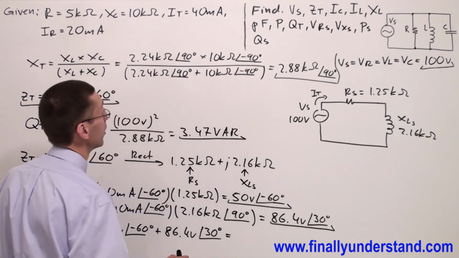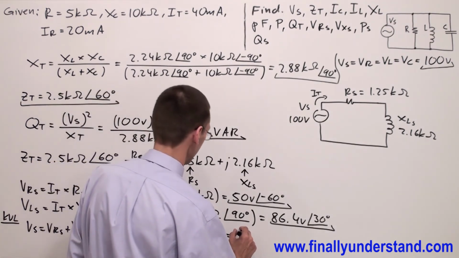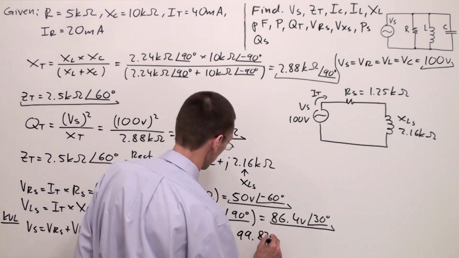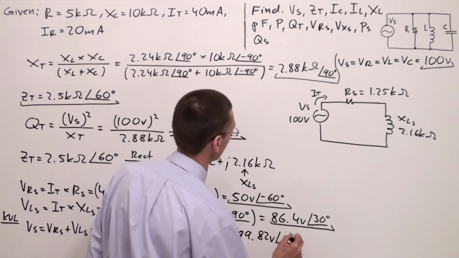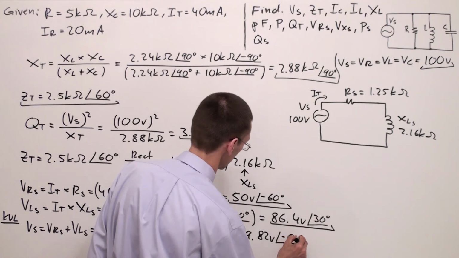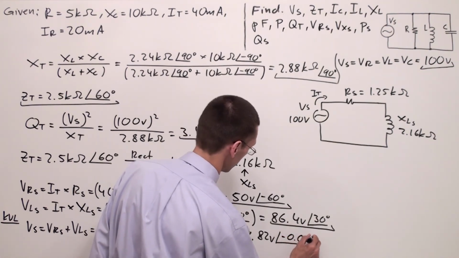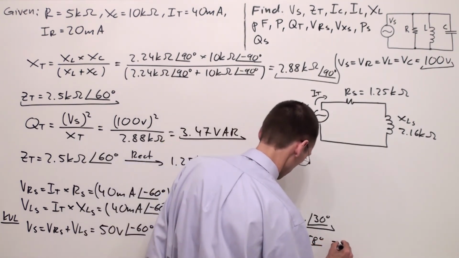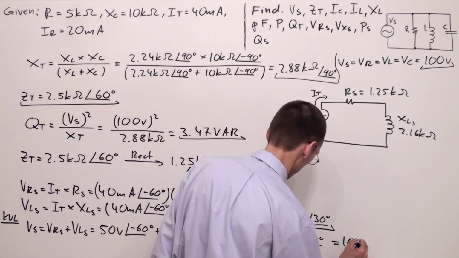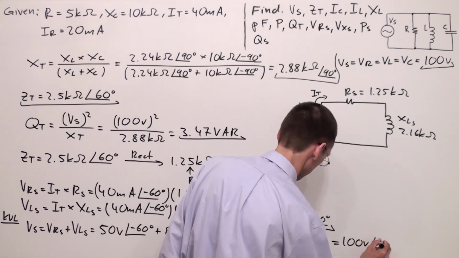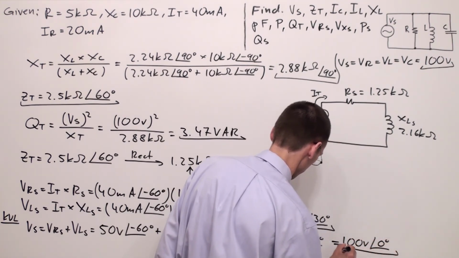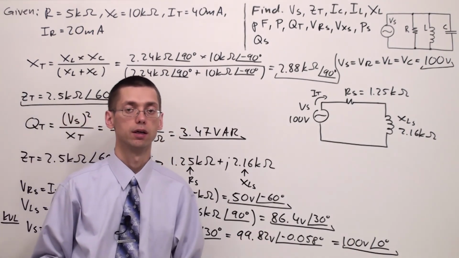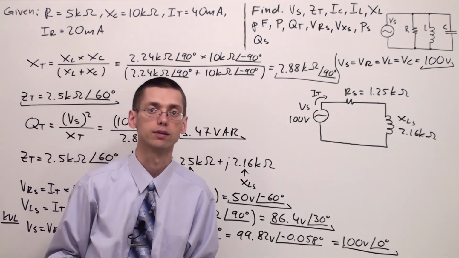This is equal to 99.82 volts and angle of negative 0.058 degrees. So we can say that this is almost equal to 100 volts and angle of 0 degrees. So we can say that up to this moment our calculations are correct.